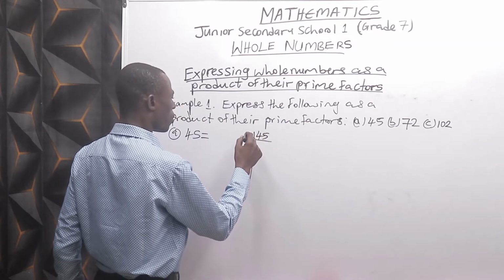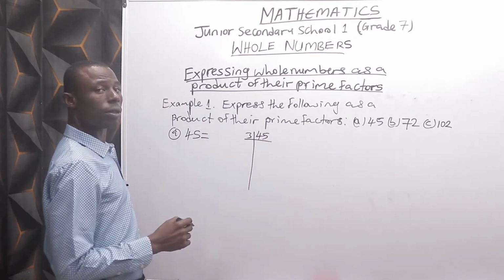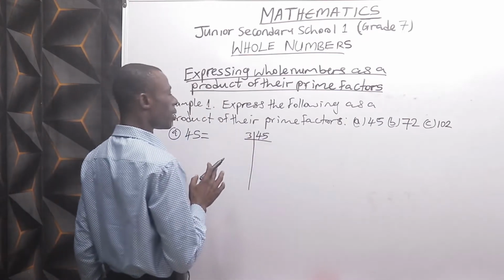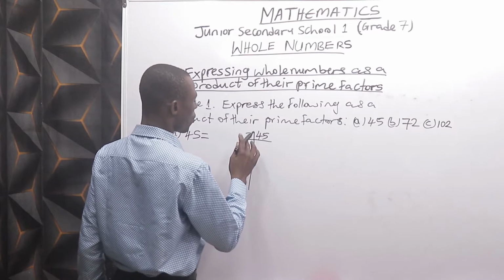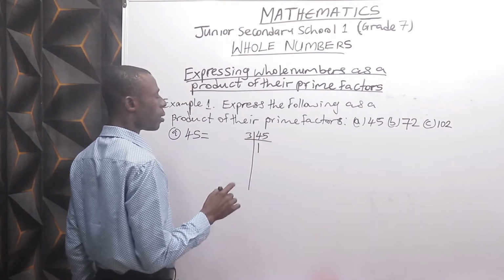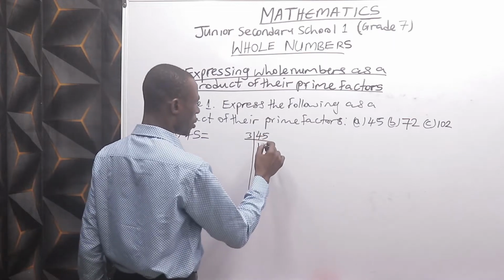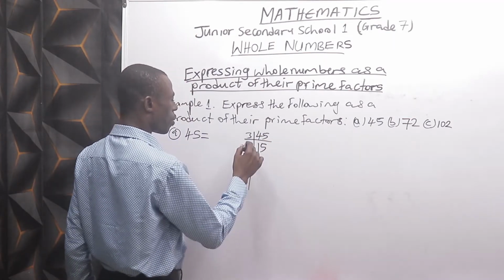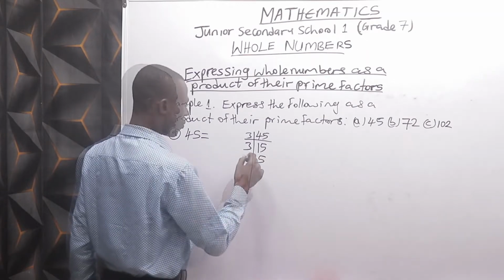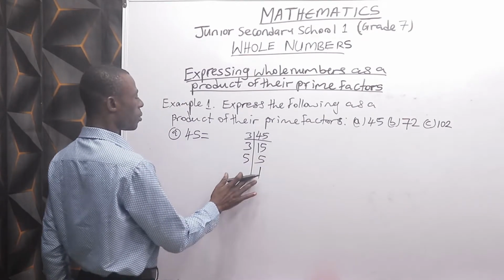45. 3 is the smallest prime number that could first divide 45. 3 in 45, this is 3 in 4, that's 1. It remains 1 in 15, that is 5. 3 again in 15 is 5. 5 in 5 is 1.